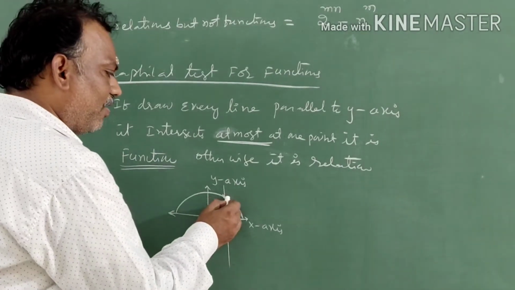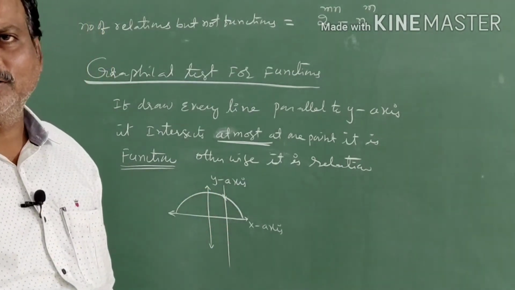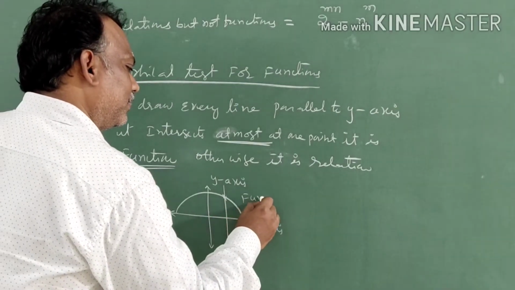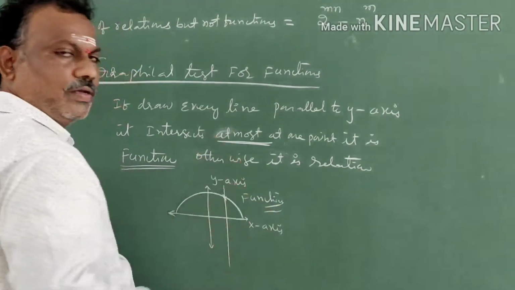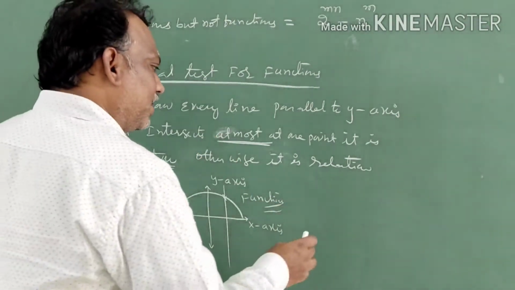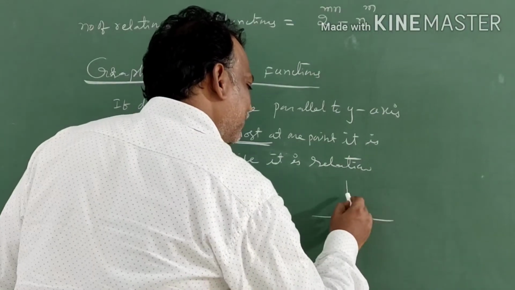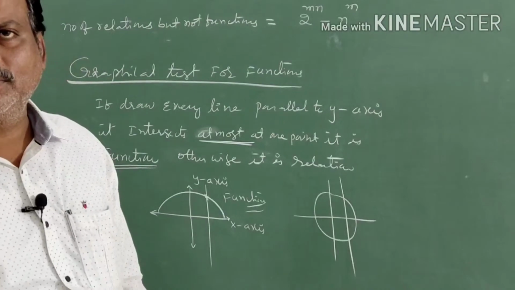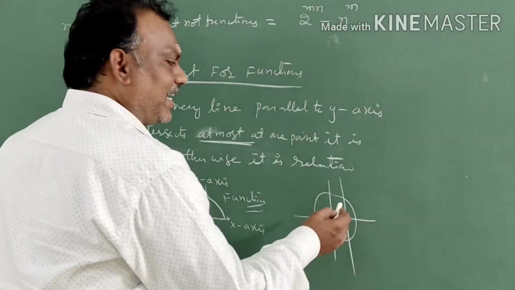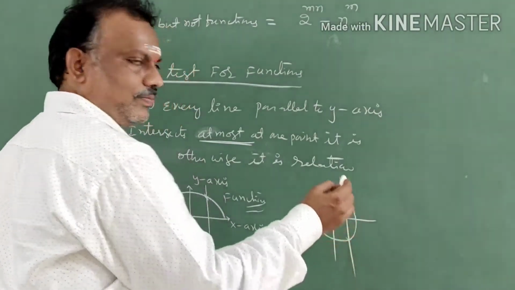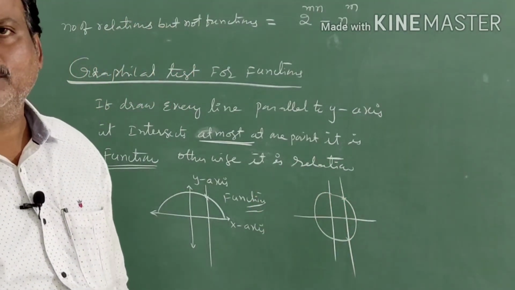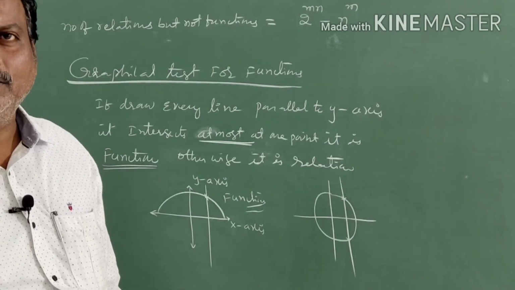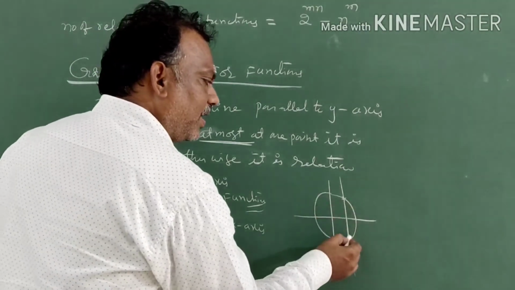See, it is intersecting at only one point, hence it is a function. Given one more diagram. Draw a line parallel to the y-axis. It intersects at more than one point. It is not a function.